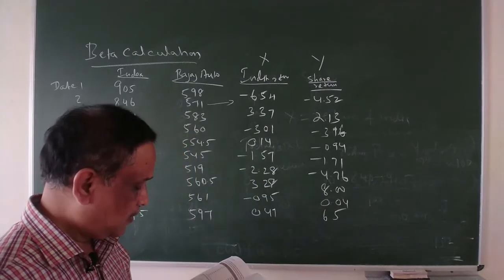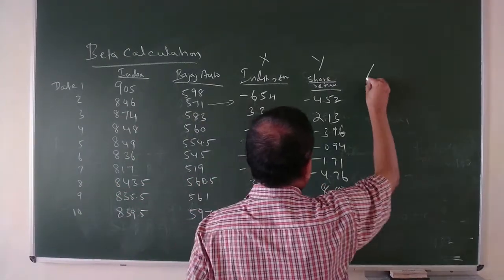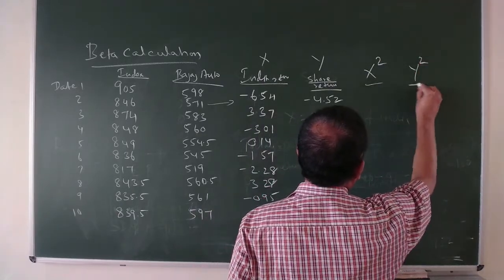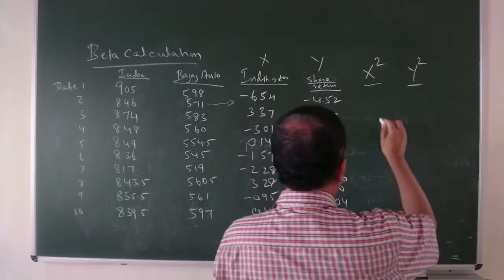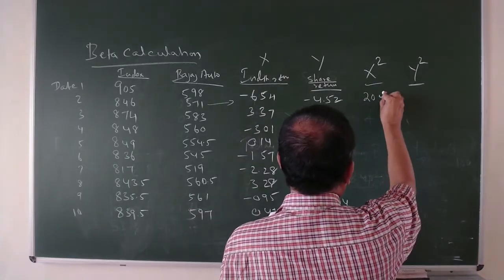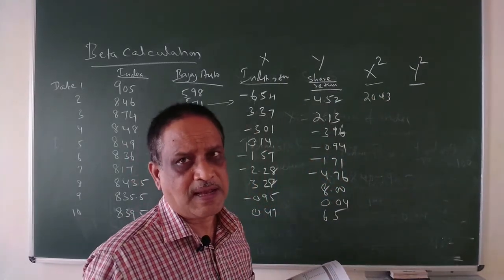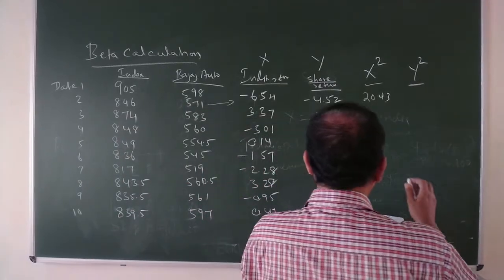Okay. Now, you find out what is x square and y square. So, x square will be, okay. I will tell you the answers, you can do it on your own and check. That would help you in learning.